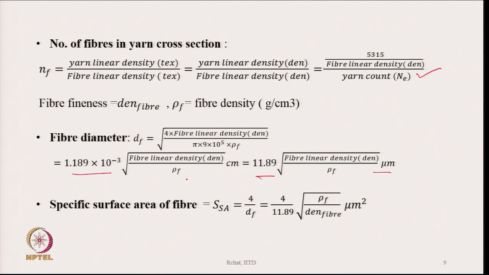The formulas are given in centimeters or in micrometer units. And we can find out, if I change the fineness in terms of denier, what will be the change in diameter of the fiber. And if it is required to know the specific surface area of the fiber, that is also given by a formula stated here.